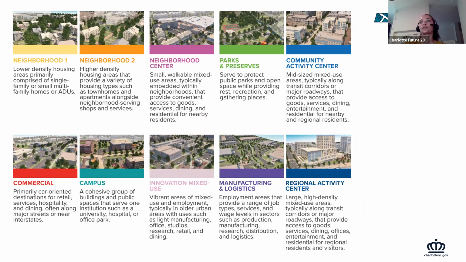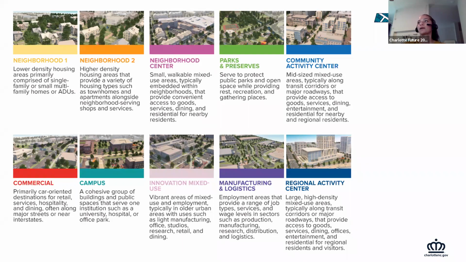The first 2 place types are your residential place types, and they're typically your neighborhoods. Neighborhood 1 is where you find your lower density single family housing or very small multifamily homes. In Neighborhood 2, you find your higher density, so your apartment homes and townhomes along with some neighborhood serving shops and services. Then we get into the neighborhood centers and your community centers.